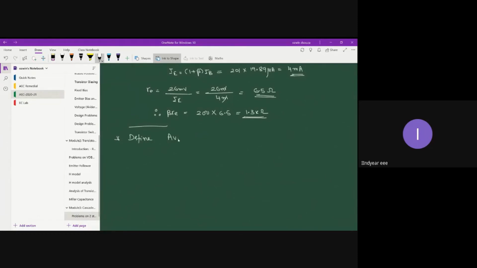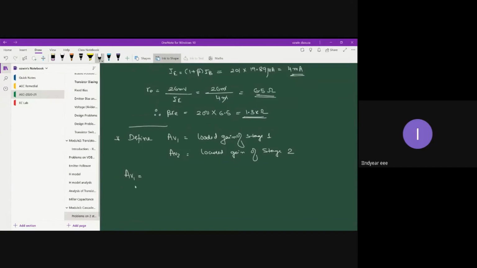Define AV1 as the loaded gain of stage 1, and let us take AV2 as the loaded gain of stage 2.